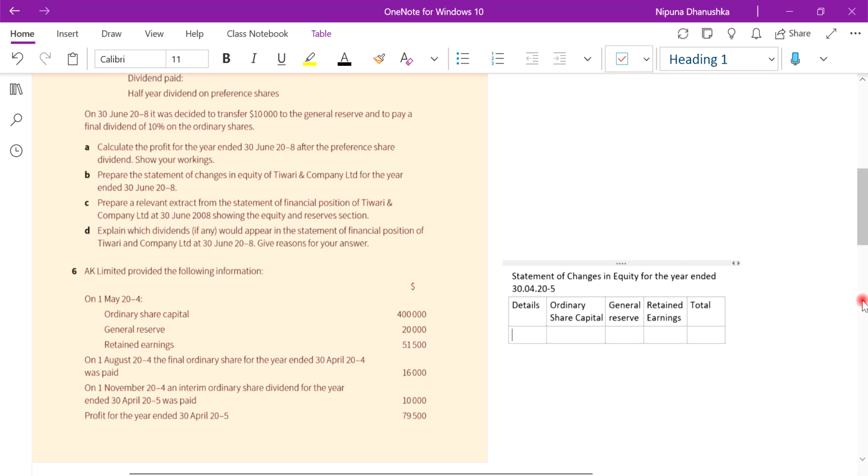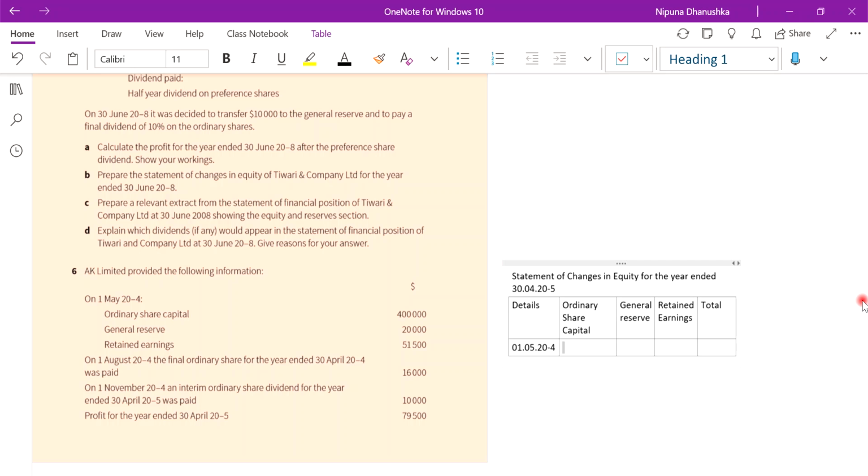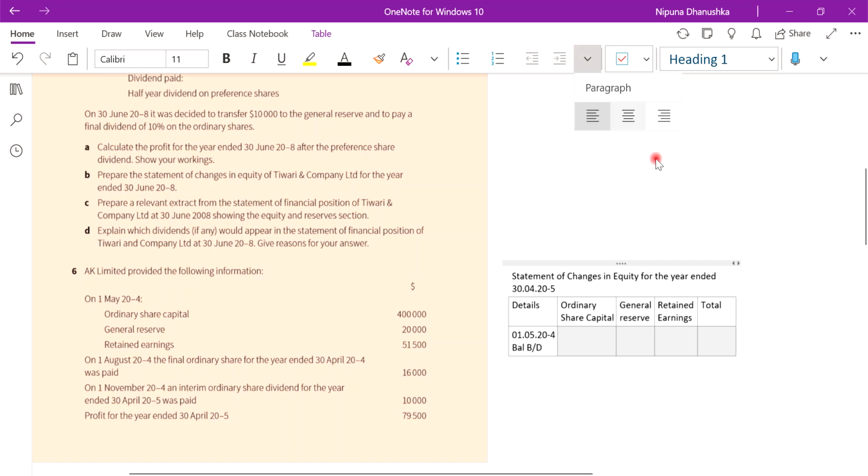Then on 1st of May 2004, we can see ordinary share capital, and you can even mention it as balance brought down. Let me fix the alignment over here.